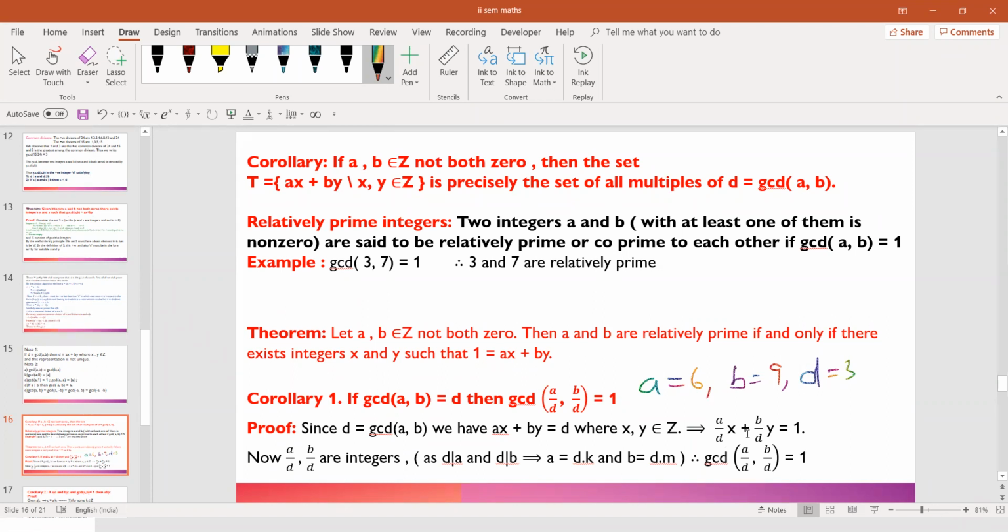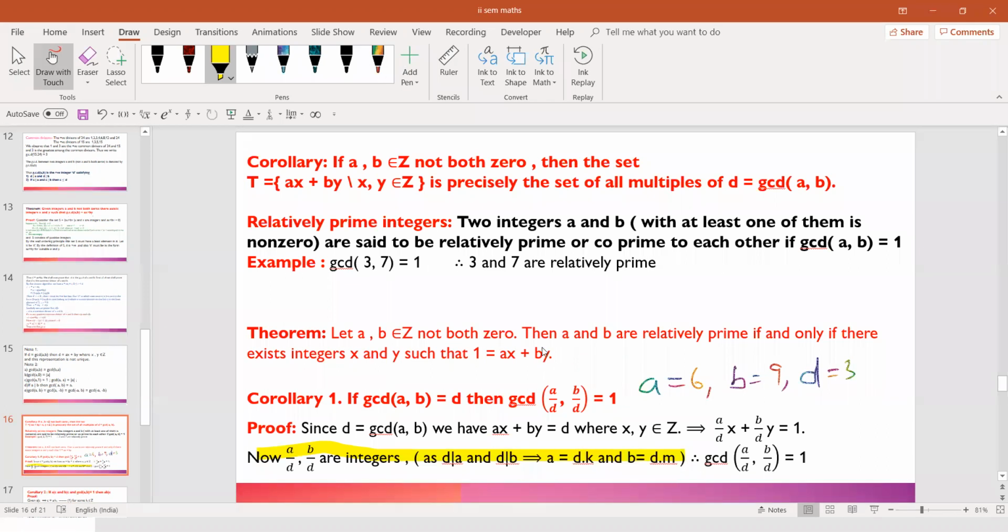So A by D x plus B by D y equal to 1, then GCD of A by D and B by D equal to 1. Directly you can write, this equation implies this. You need not write this, so this I can erase.